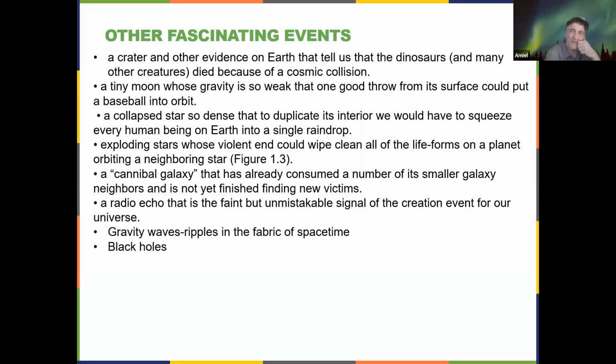They're called gravity waves, and they are ripples in the fabric of space-time. It's not light. It's a gravity wave where the fabric of space-time itself travels as a wave. Just discovered 10 years ago. Incredible applications for the field of astronomy.